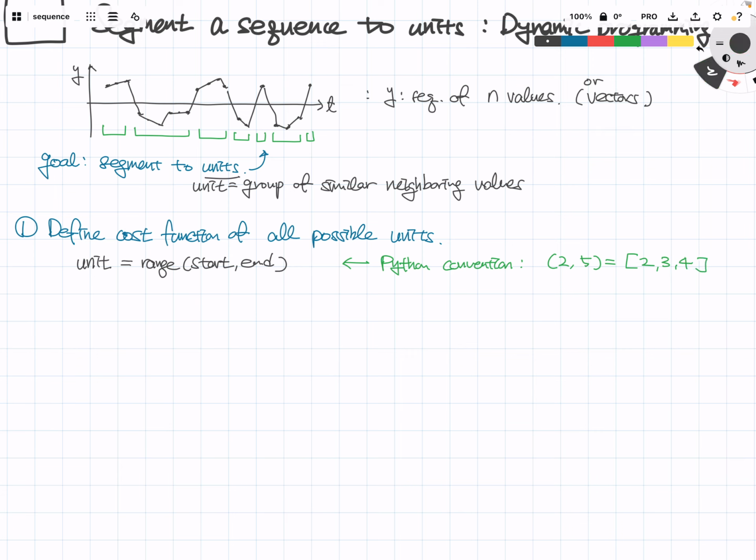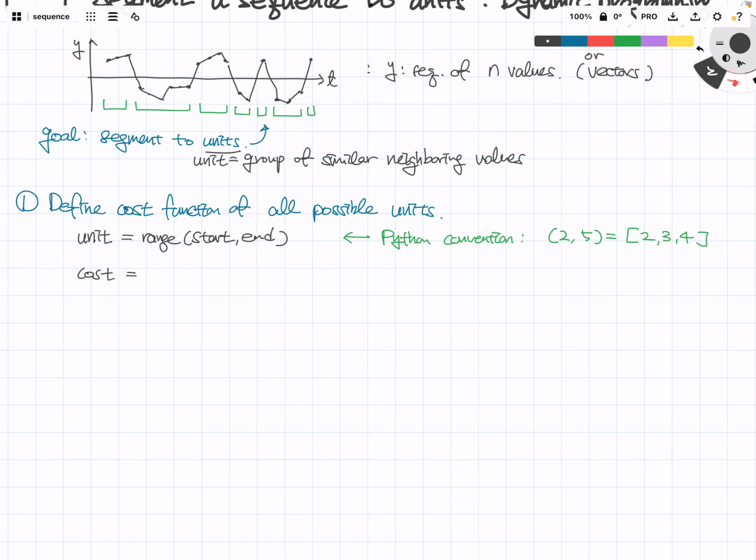And we can define a cost. There can be many different types of cost functions, but here we will use SSE, the sum of squared errors.